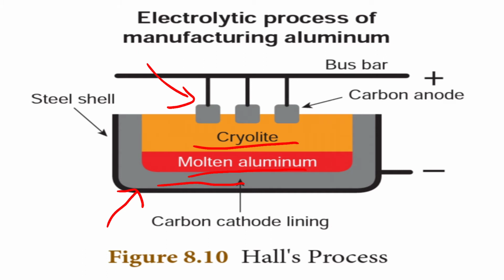Fluorspar is used to lower the fusion temperature of the electrolyte. This side is the cathode, where the graphite lining is, and this is the anode bar which contains the graphite rods. Inside this, there is molten alumina plus cryolite plus fluorspar.